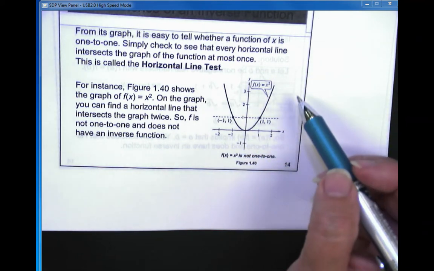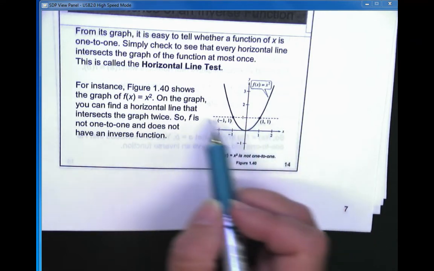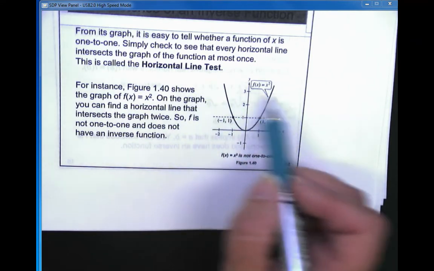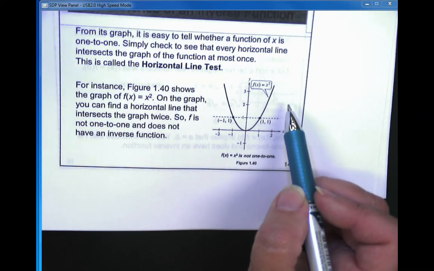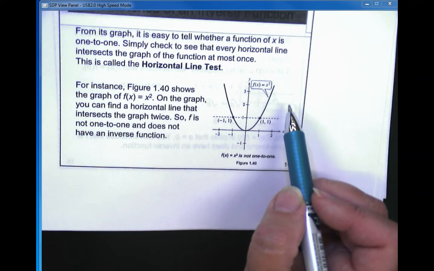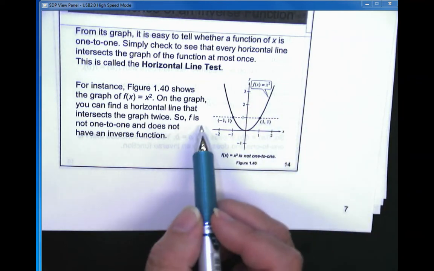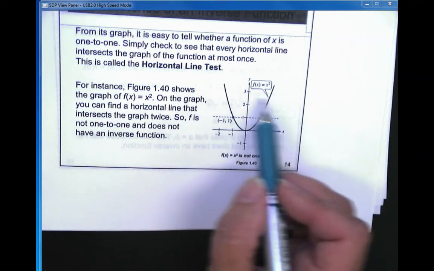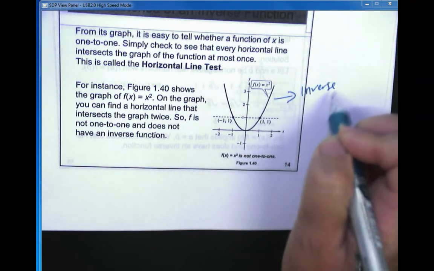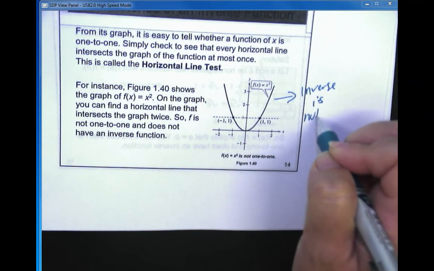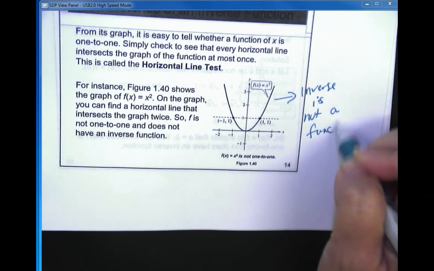Let's do a horizontal line test. Just like a vertical one, if it only hits the horizontal line in one spot, then yes, the inverse is going to be a function. So is the inverse going to be a function here? No, the inverse is not a function.